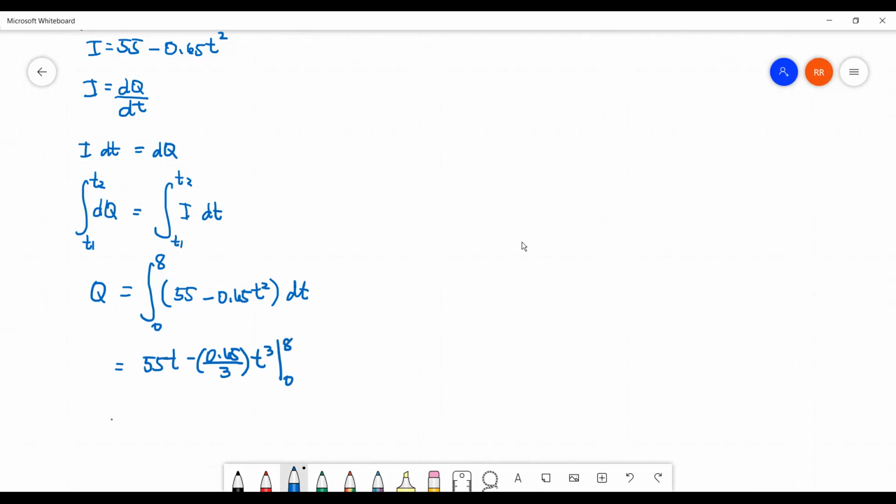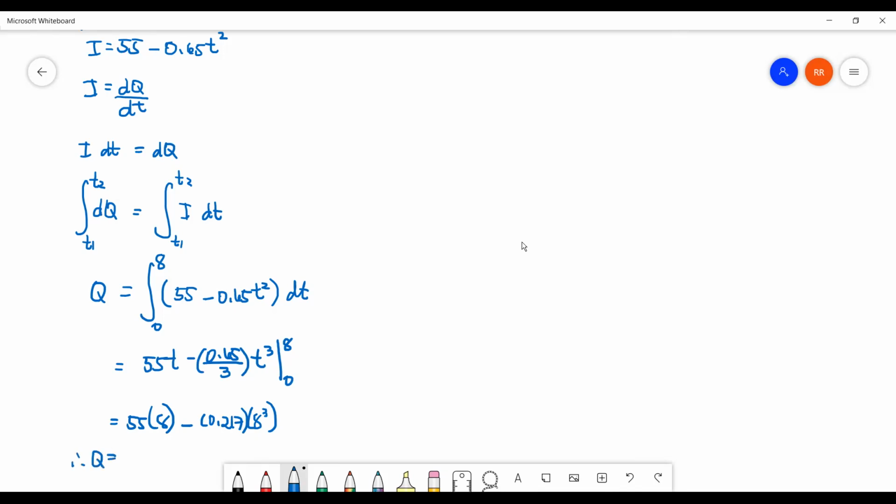Ayan. So therefore, 55 times 8, minus 0.217 times 8 cubed, and then minus 0. You may opt not to write it anymore.